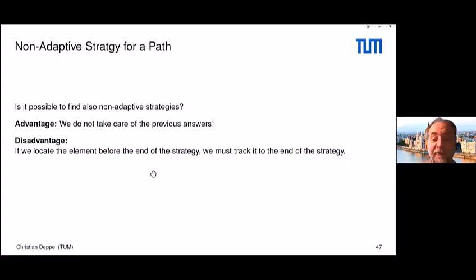Even if we have already found 4 positions in this example of the path, we have to continue to the end of the strategy. And how many more tests do we need? Does someone have an idea what we can do?